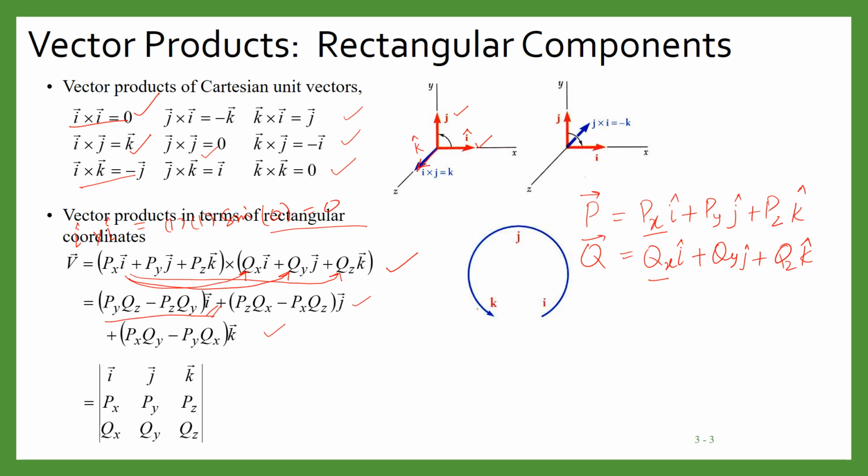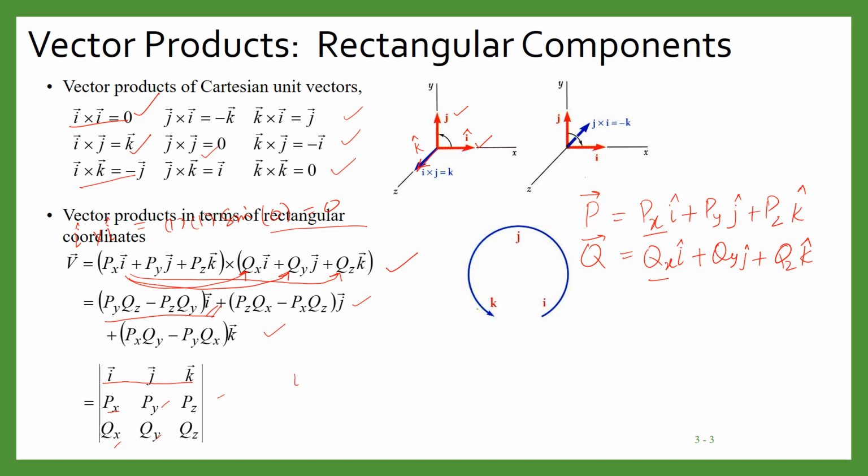Or, in an easy form to remember, you can write it in the form of a determinant. On the top of the determinant you can write i j k, then px py pz, qx qy qz.